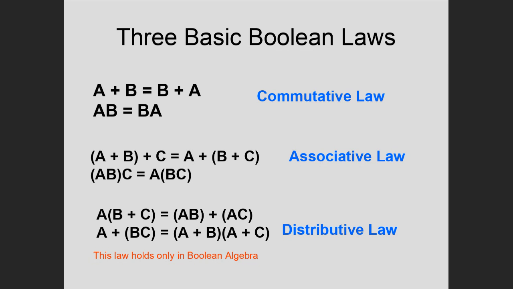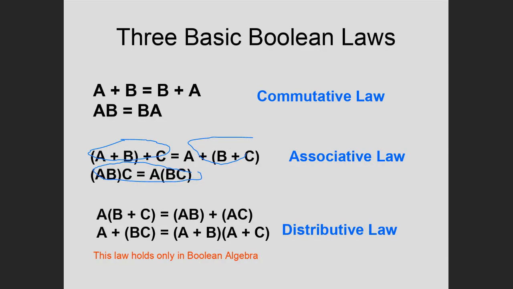Well, in Boolean algebra, we have the same thing. In associative laws, basically, the associative law for addition and multiplication. It doesn't matter right here if I add the A and the B first and then add C, or do it the other way. And the same with multiplying. So these first two, the commutative law and associative law, are exactly like regular algebra and arithmetic, exactly the same.